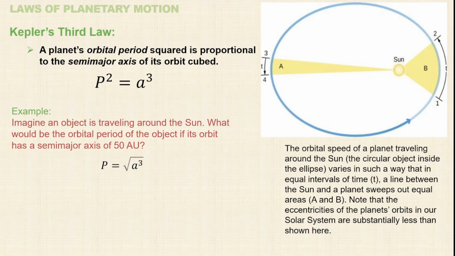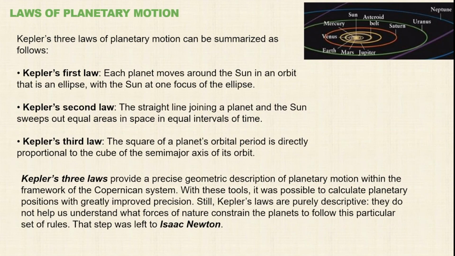We stick to that unit, and that's 50. So to that, we know the object takes 353.6 years to go around the Sun. And so here are the summaries.